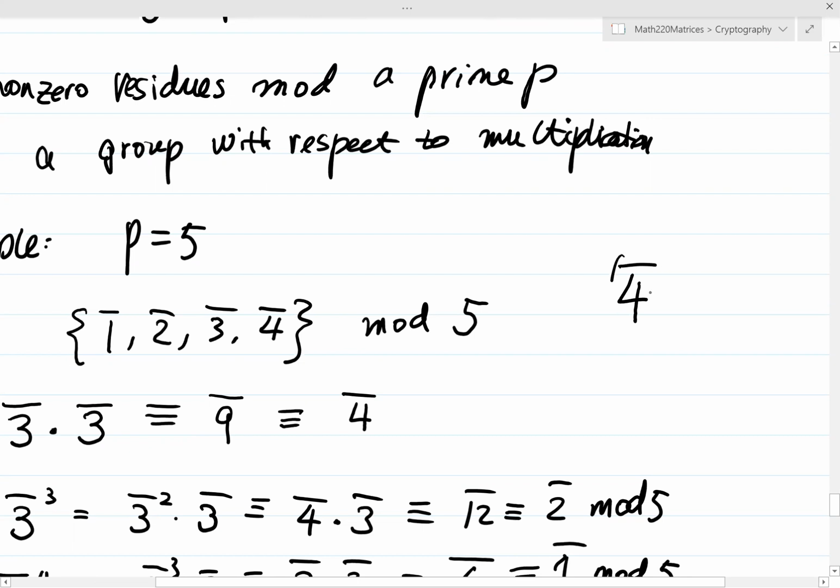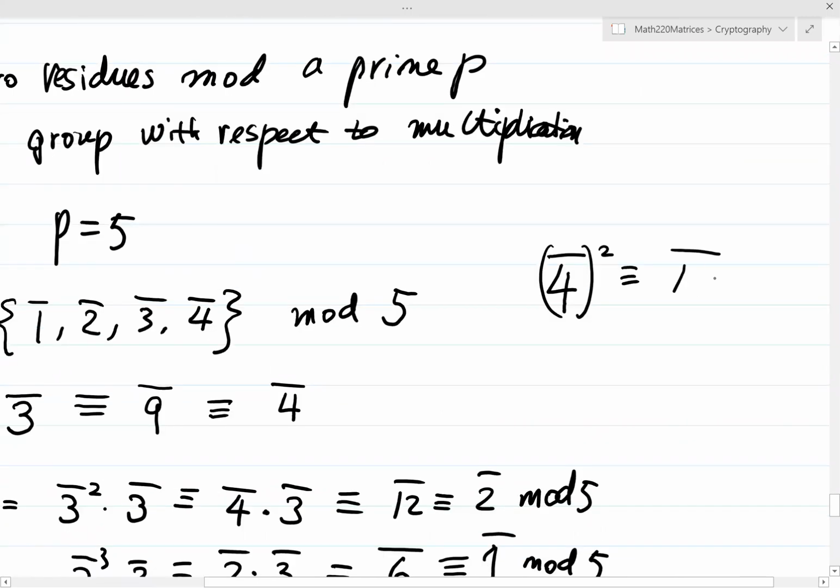Now 4 squared is 4 times 4, which is 16 bar. Subtracting a multiple of 5, 15, it's 1 mod 5. So 4 bar has order 2.